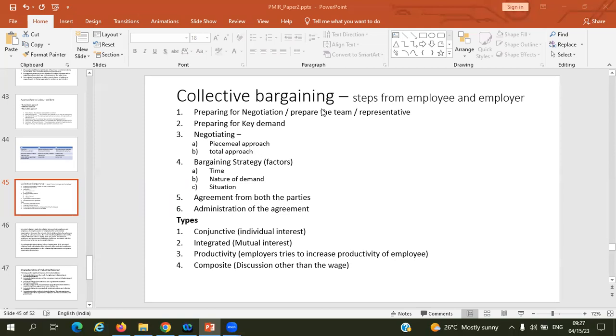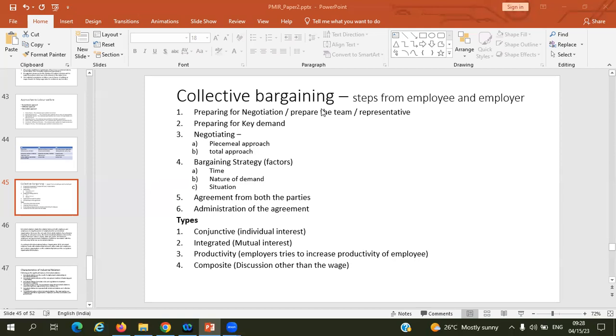And the same thing when the owner is accepting a demand from the workers, they also understand what benefits workers are getting, what welfare he is giving to the workers. So both parties will understand each other. That is integrated bargaining. They understand each other's interests mutually.